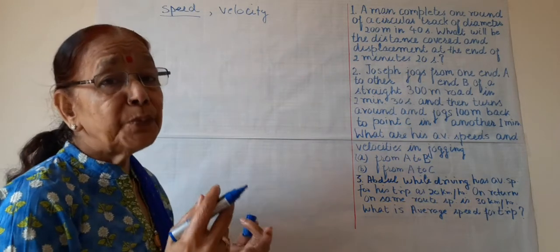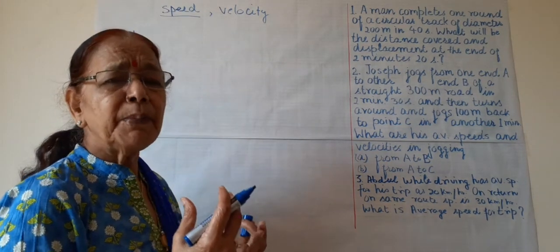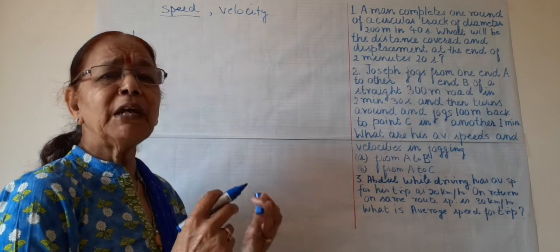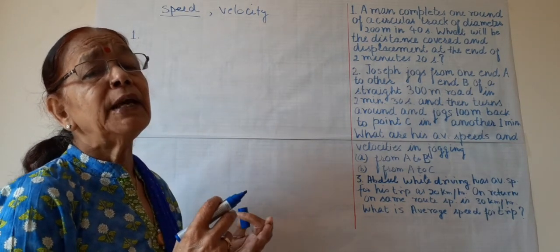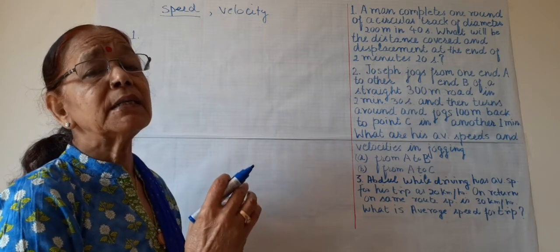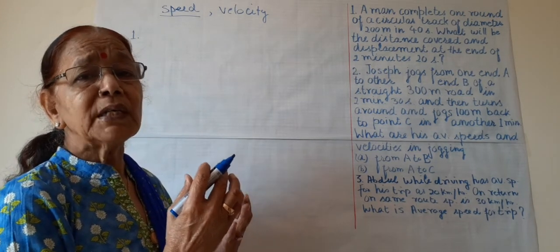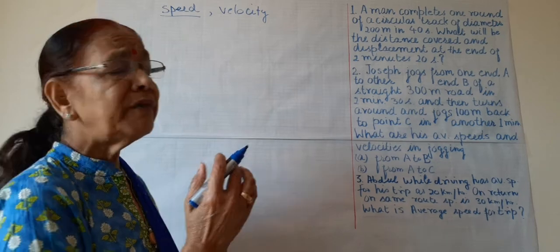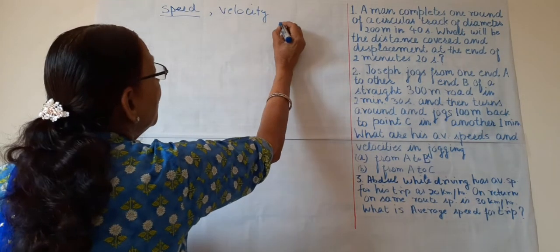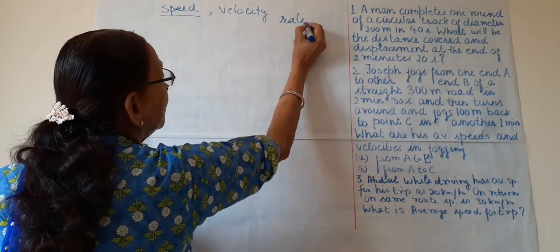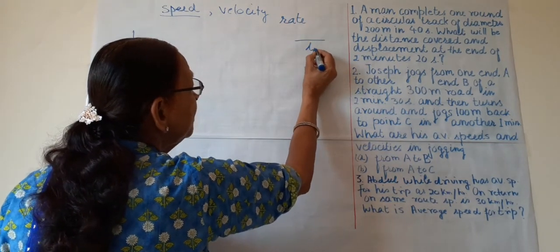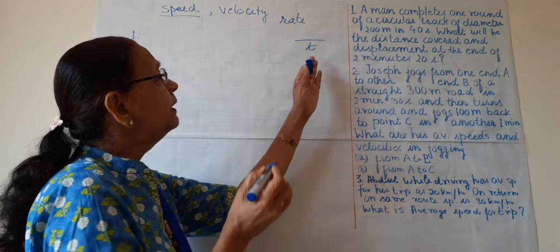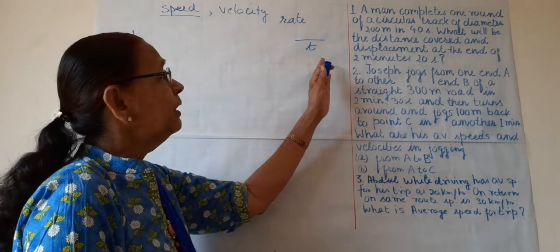What is speed? It is very simple, and in lower classes we have also studied what speed is. Speed is rate of distance travelled. What does it mean by rate of distance travelled? When we talk about rate, it means we are dividing the numerator by t, the denominator.